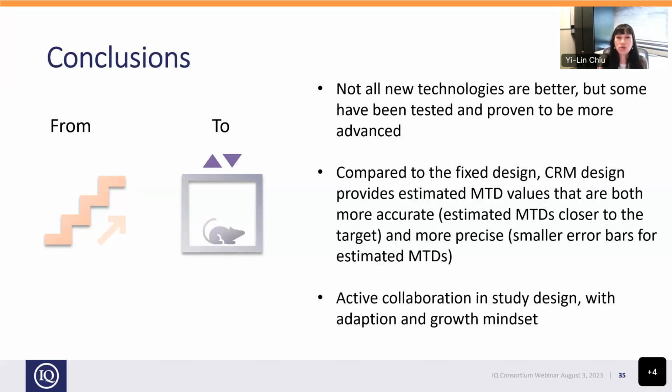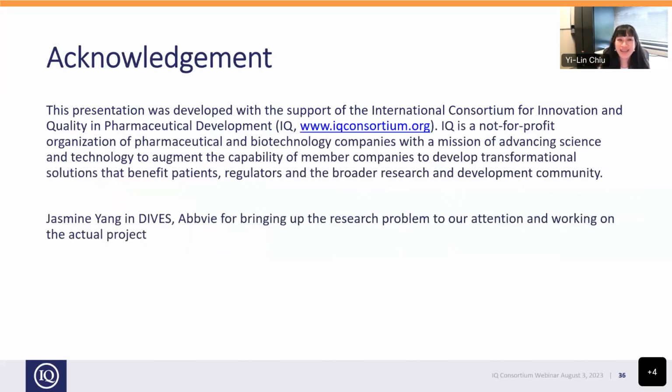And then we look forward to active collaboration in study design, because it needs to be fit for purpose. And if machine can learn, we need to have adaptation, and we really truly need a growth mindset. So that pretty much concludes my presentation.